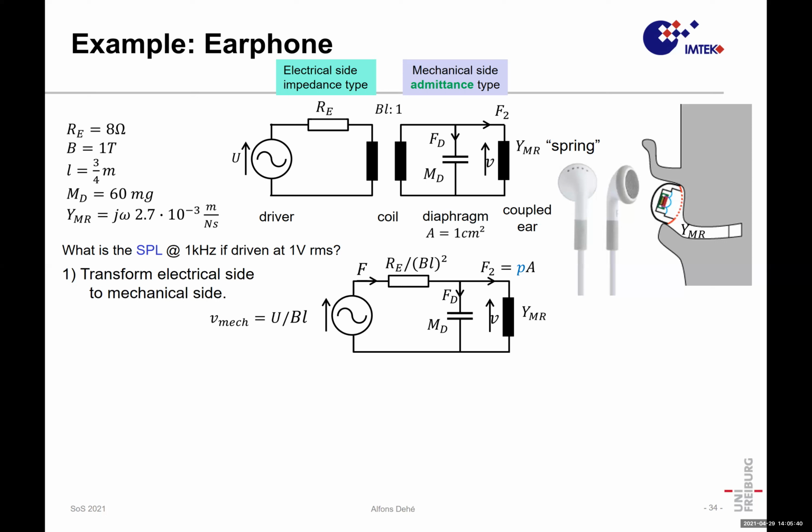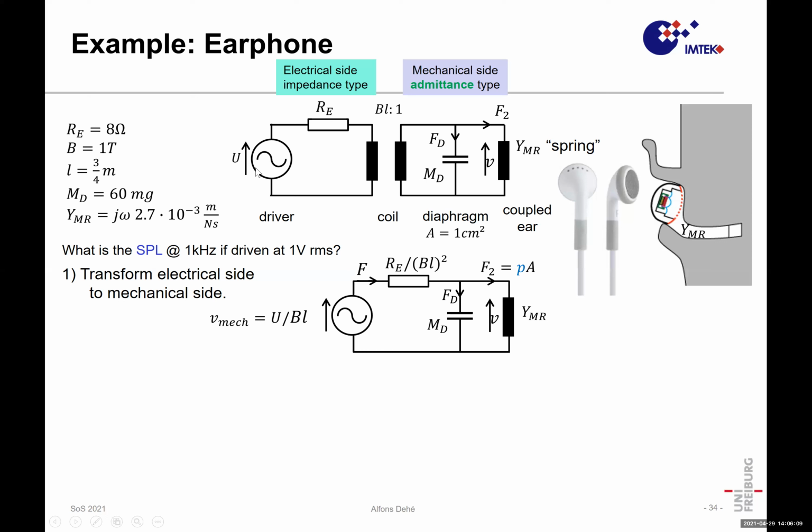If you want to do it by hand, you better transfer into one domain, and this just inverses what I was talking about before. We transfer in this special case the electrical domain into the admittance type of mechanical formulation, and can then derive from there a simple formulation of the circuitry.